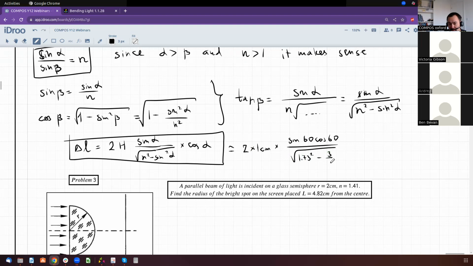Minus 3 over 2 because sine 60 is √3 over 2. So it's going to be sine 120. Interesting. Well, anyway, it's going to be 0.58 centimeters, approximately, of course.